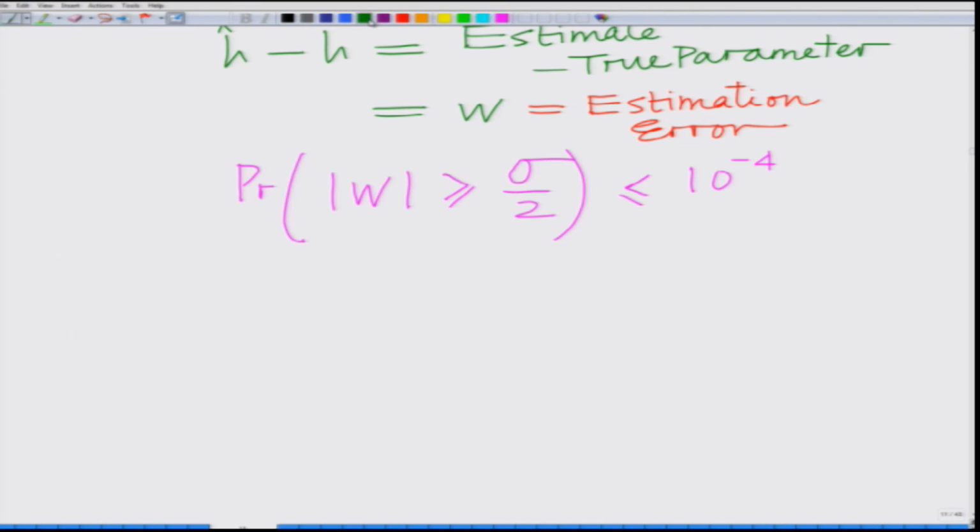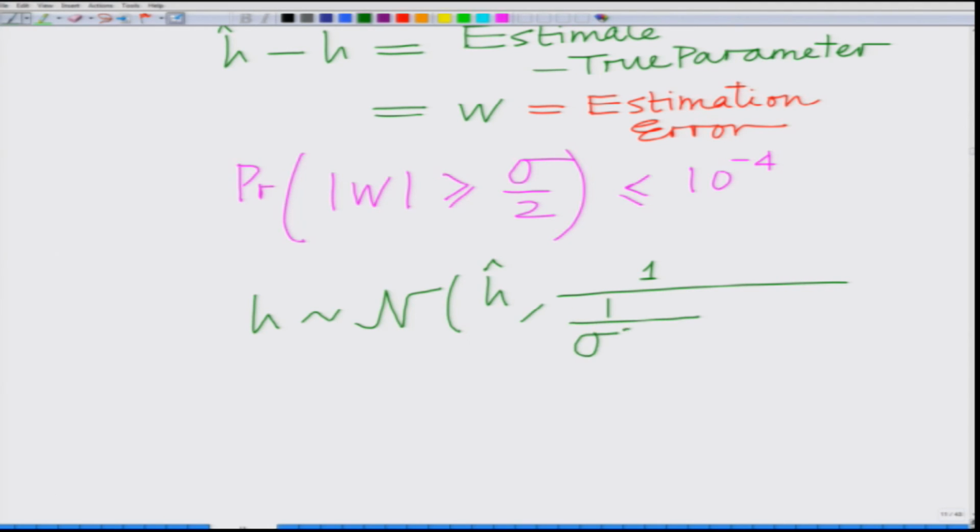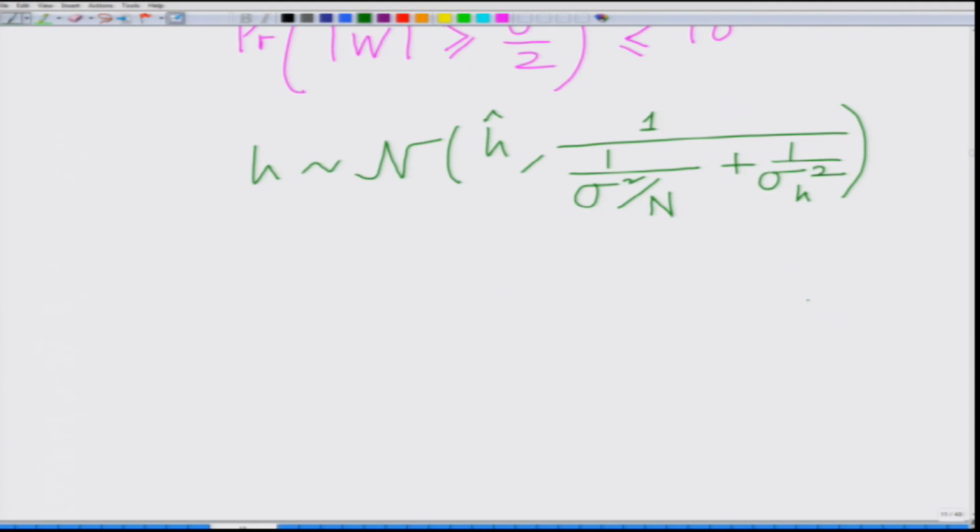Now recall that H is Gaussian distributed with posterior mean H hat and variance given by the MSE, that is 1 over sigma square by n plus 1 over sigma H square. We have already seen this for the wireless sensor network.